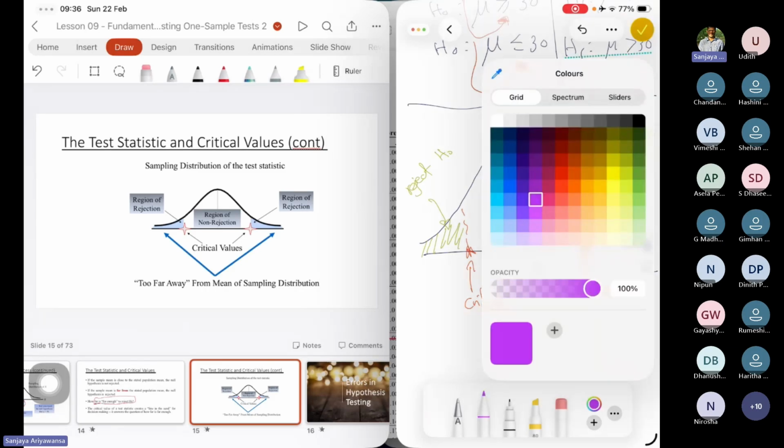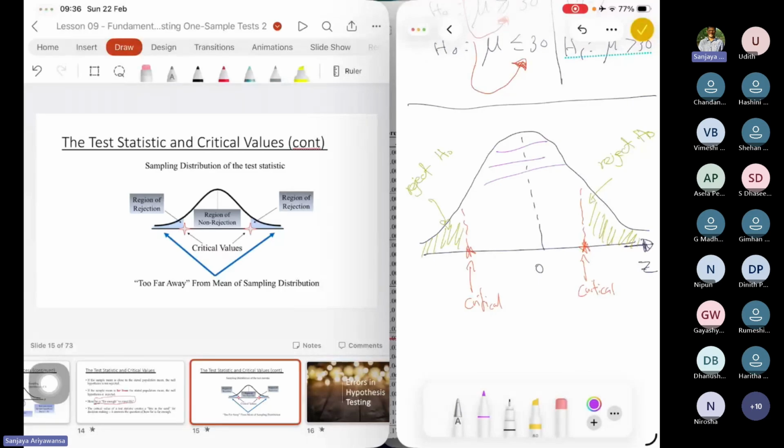However, in this middle region, we accept our claim, right? So we call this the region of rejection, and the middle region, we call it the region of non-rejection.